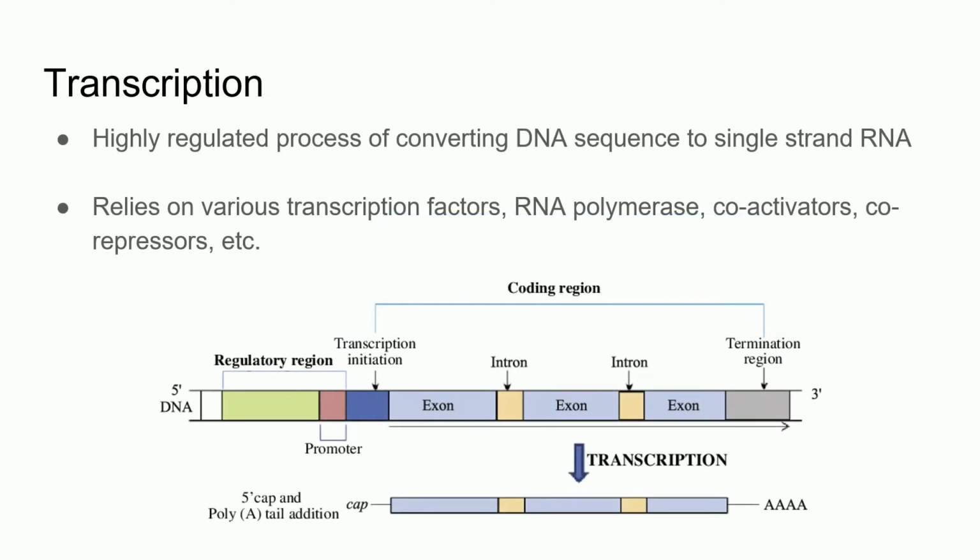Again, transcription describes the process of copying a gene into messenger RNA, or mRNA, and this is a highly regulated process. Various transcription factors come together to form a transcription complex at the promoter region, including RNA polymerase.